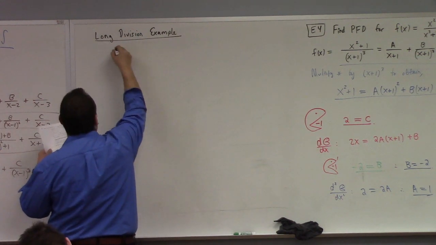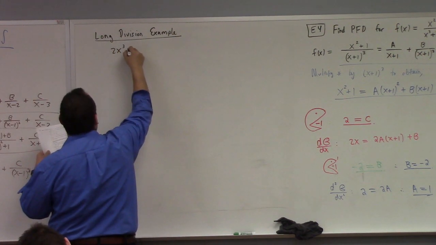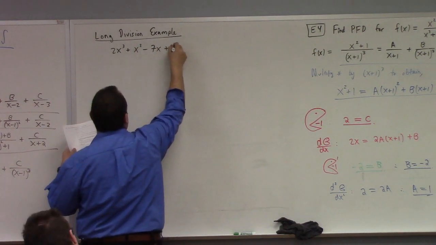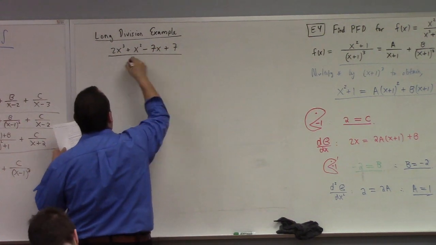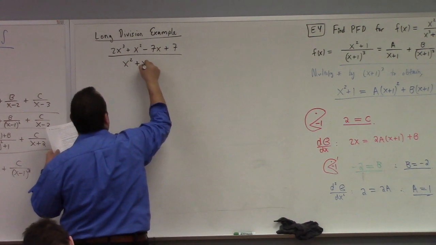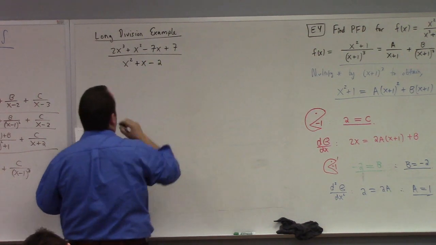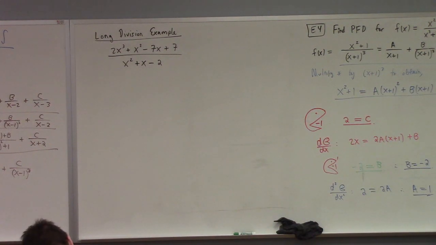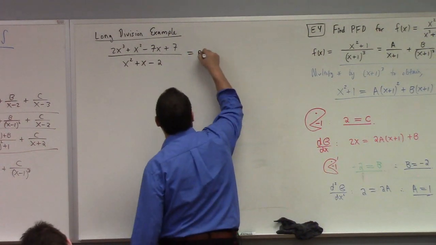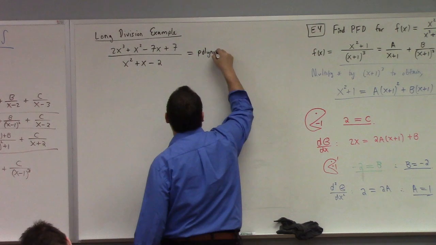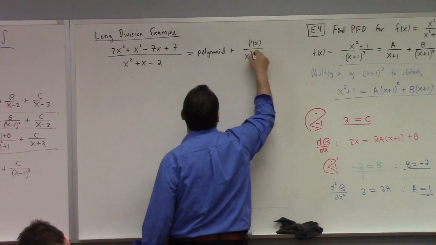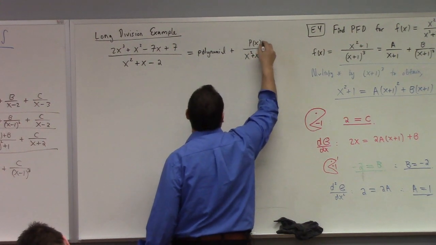So if we had 2x cubed plus x squared minus 7x plus 7 over x squared plus x minus 2, if we had to integrate that, the first thing we would need to do is rewrite it as the sum of a polynomial plus p of x over x squared plus x minus 2, where p is linear.